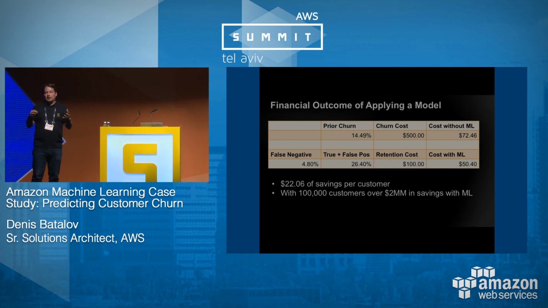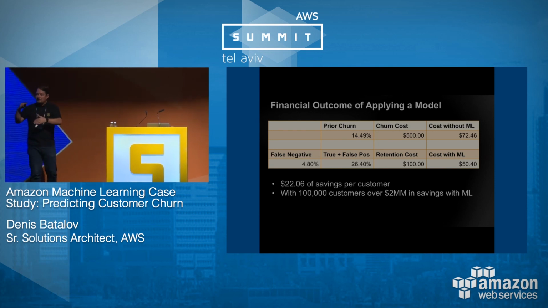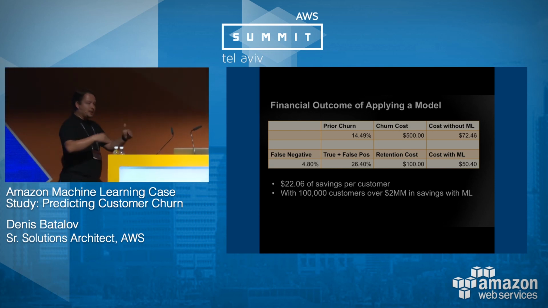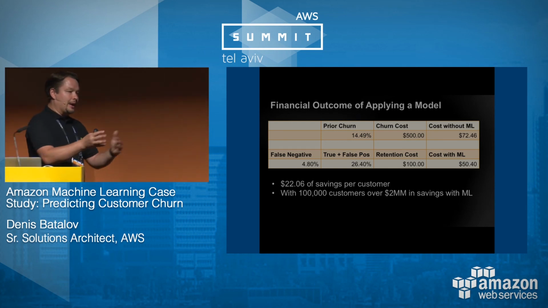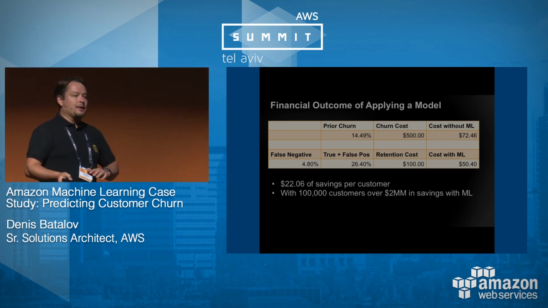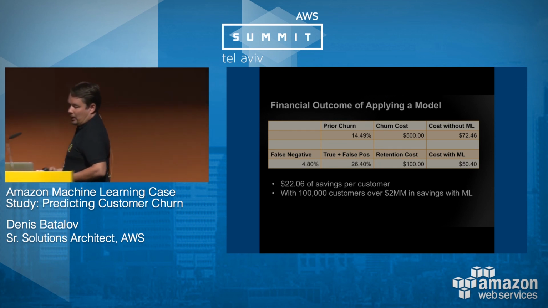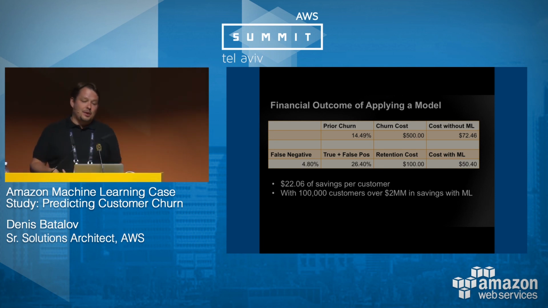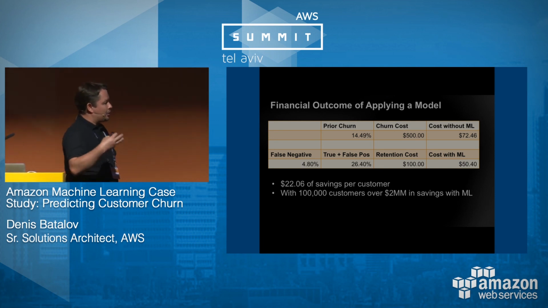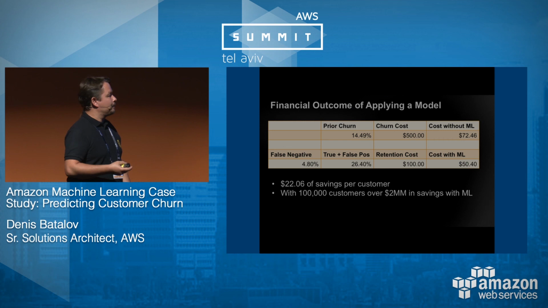Your cost model might be more complicated. You may have different kinds of customers, on different kinds of plans, and their churn rates might be different depending on the situation, right? But this now gives you a chance to make an informed decision and can apply machine learning with success.